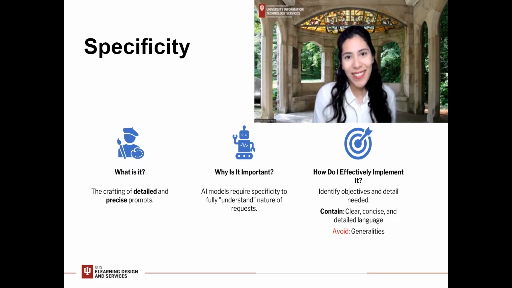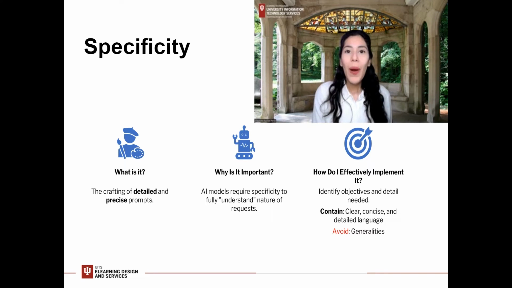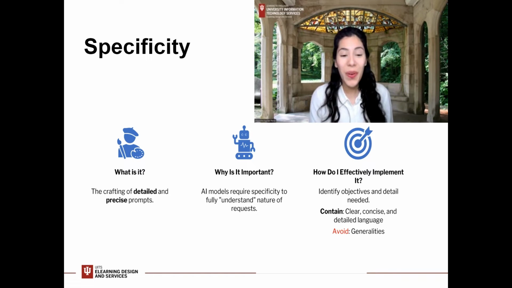Make the implicit explicit. This is crucially important because, as far as I know, these models aren't able to read our minds yet. They require specificity to fully understand the nature of our requests. By understanding our requests, the models are more likely to produce relevant and accurate responses useful for your needs.